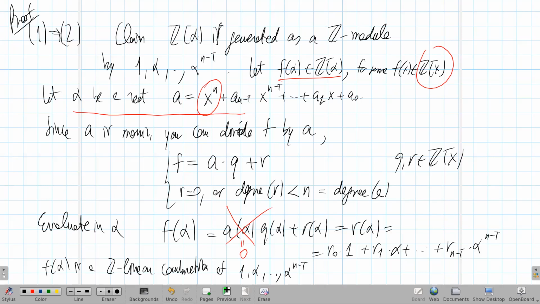Okay, and that's 1 implies 2. Now we have to prove the converse, 2 implies 1.